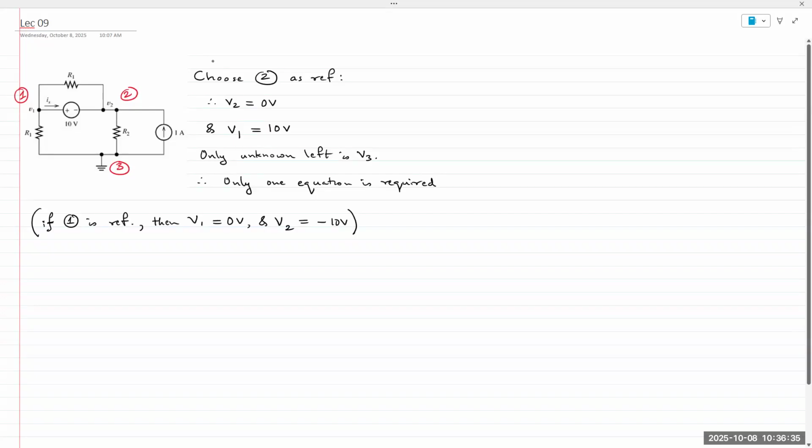And you'll still be left with one unknown. If 3 is a reference, then V3 is 0 volts. And V1 and V2 are both unknowns. So we need two equations.